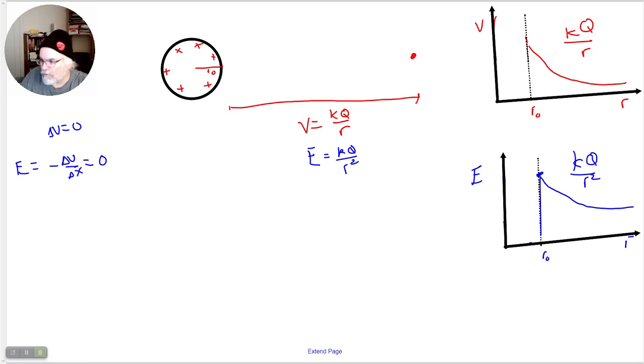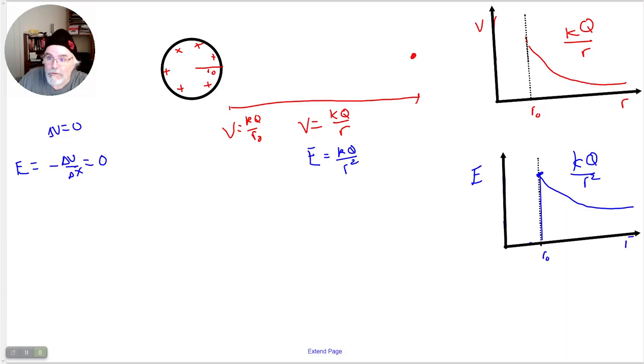And then what about the potential? The potential at the surface is, the potential is KQ over R naught, right? So the potential at the surface will be KQ over R naught. That's fine.